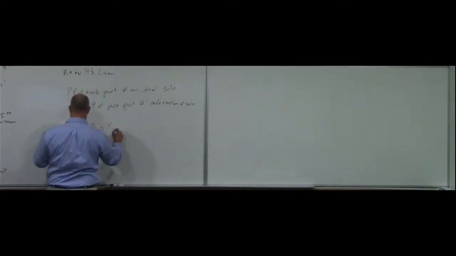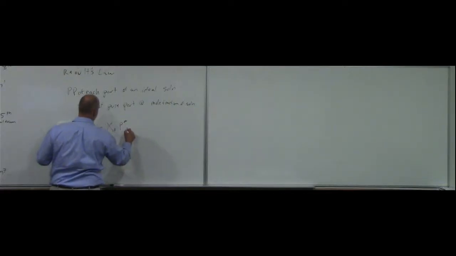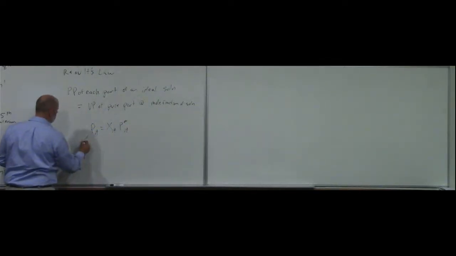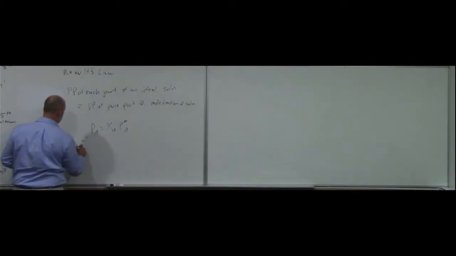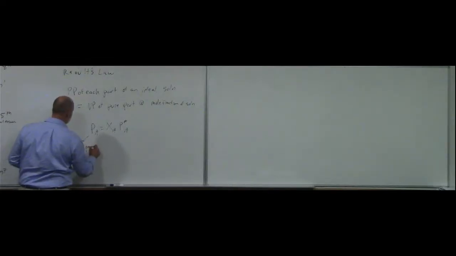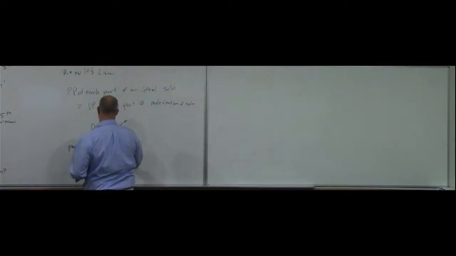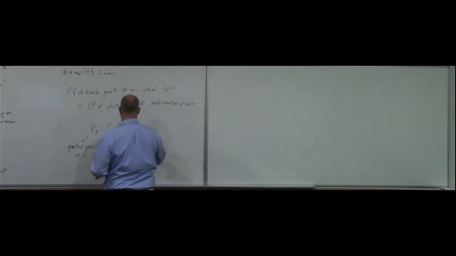Okay, so they give us this formula: PA equals XA times P star A, which does not feel all that helpful to me, where PA is equal to the partial pressure exerted by component A. So, the partial pressure of A is equal to the mole fraction of A times the vapor pressure of pure A.